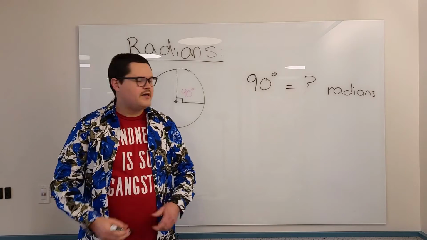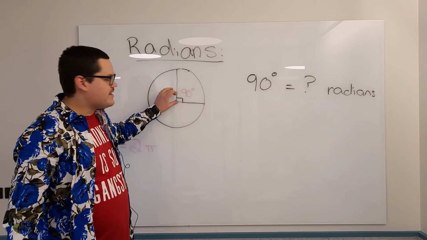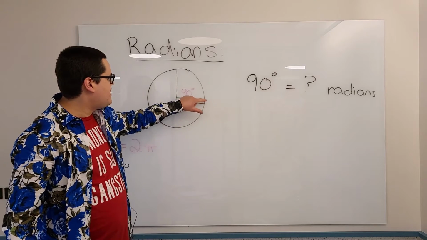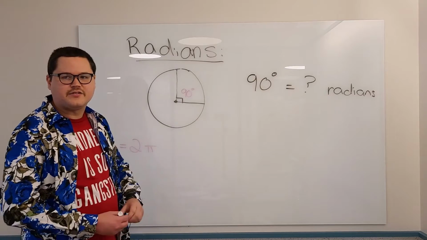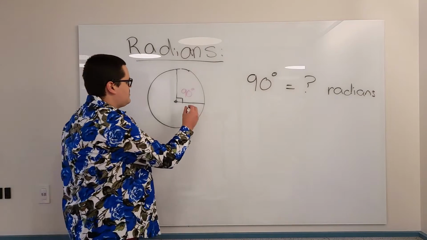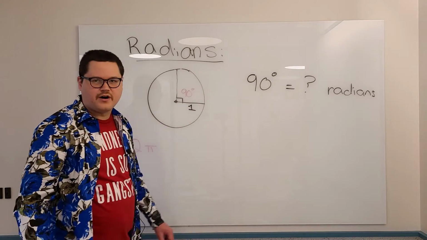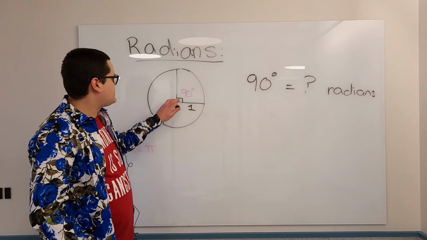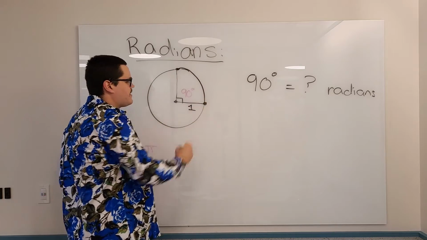Well, we just said that the measure of an angle in radians is the same as the arc subtended by that angle in a unit circle. So if this is a unit circle, meaning the radius is 1, then the measure of this angle is the same as the length of this arc.